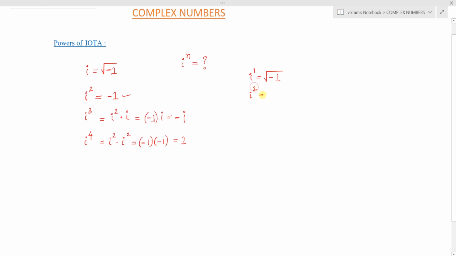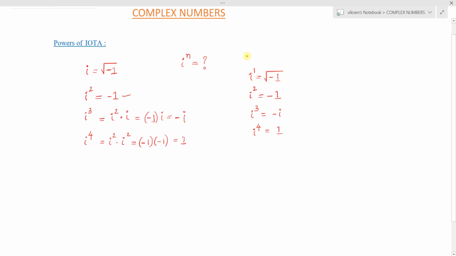Then i square is -1, i cube is -i, and i power 4 is +1.